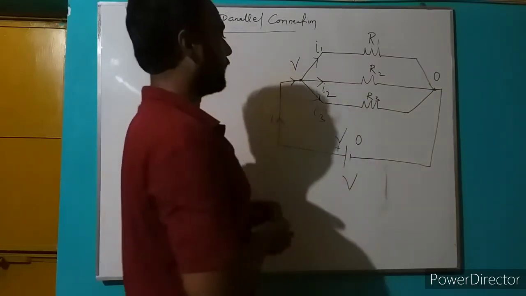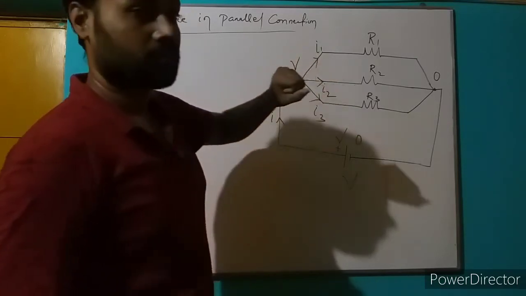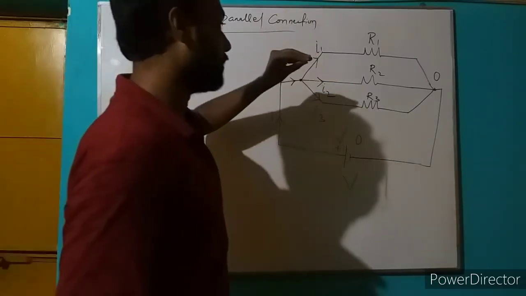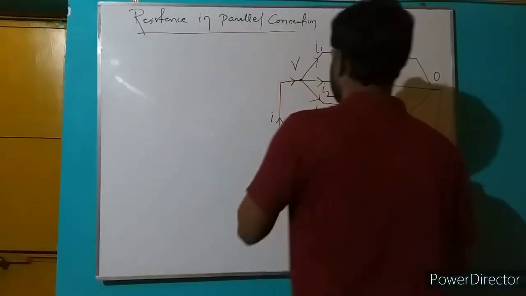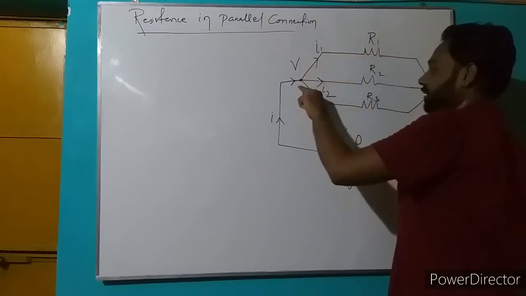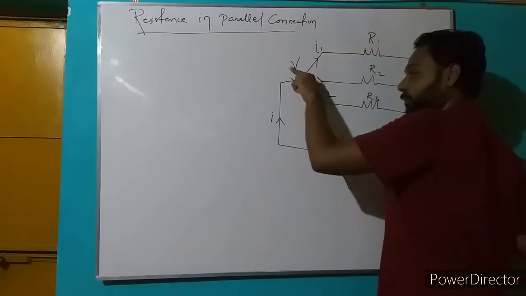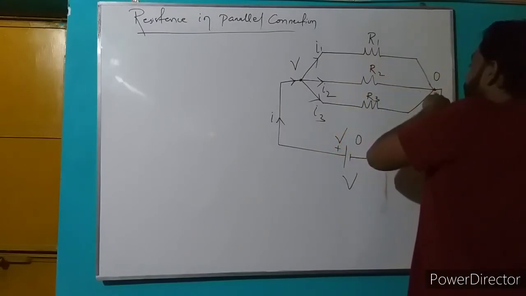So in parallel connection, we can say that the current becomes distributed. Three ends of the resistors are connected to potential V volt, and three ends of the resistors are connected to 0 volt.